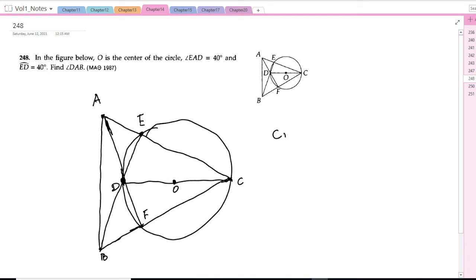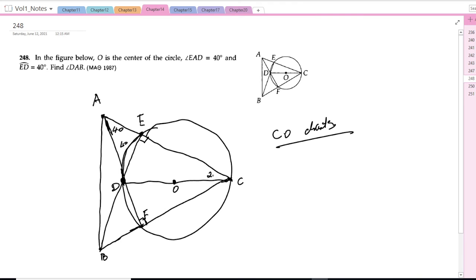Because CD is the diameter, right? So we know this angle and this angle are 90 degrees, okay? And if we know these two are 90 degrees, we know EAD is 40, right? So now we can do some angle chasing, okay? The ED arc is 40 degrees.